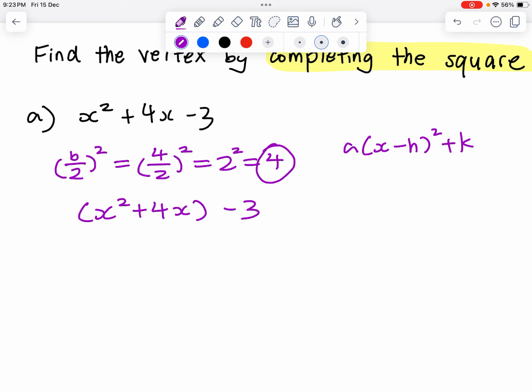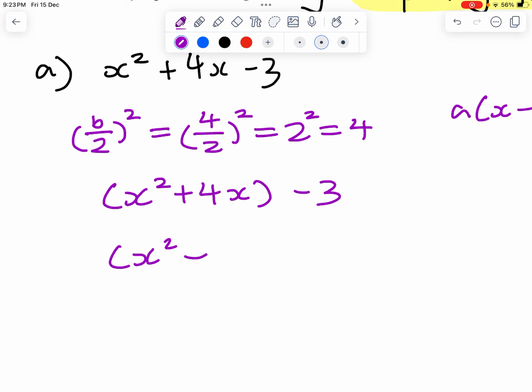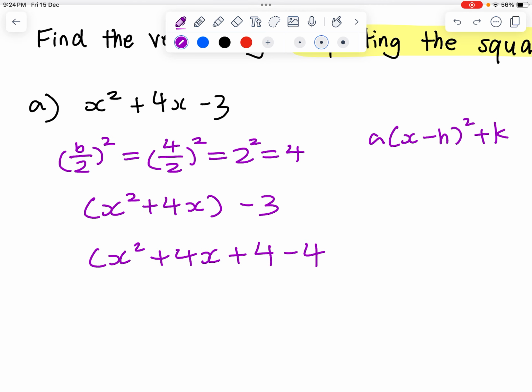Here we solved for 4, so we put that inside the brackets: x squared plus 4x plus 4. Then remember, we must always subtract 4 as well, because this is something new that doesn't belong in the original equation. When we add something new, we must always subtract it. So close the brackets, and then minus 3.